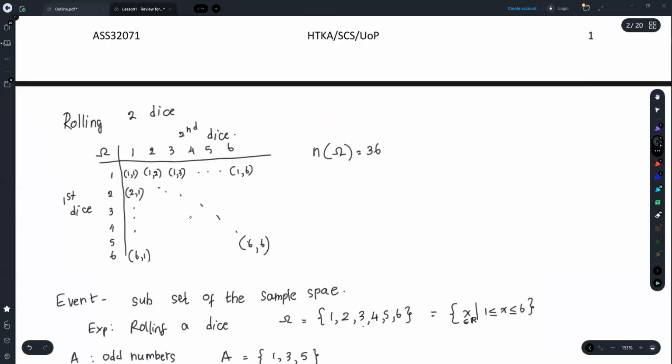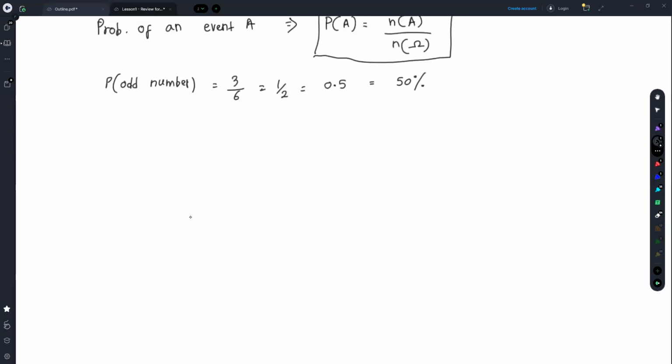Okay. Shall we do a small exercise? So my experiment is rolling 2 6-sided dice, and you know the sample space.